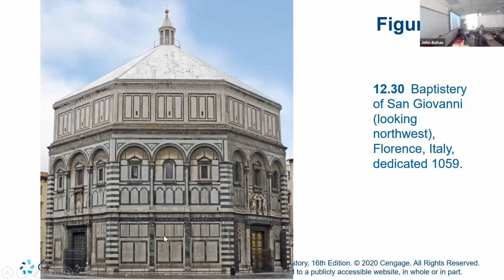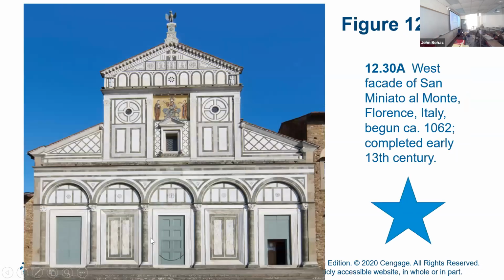So you see, this is not as adorned as some of the cathedrals up north, and there's a few sculptures, and the baptistry doors are famous here. But the idea of symmetry, the idea of proportion, the idea of geometry, really, to these guys, much more important in their architecture.